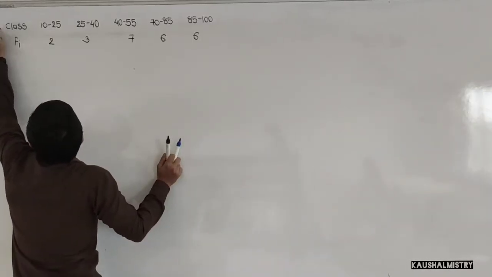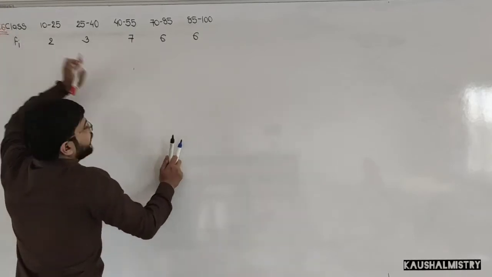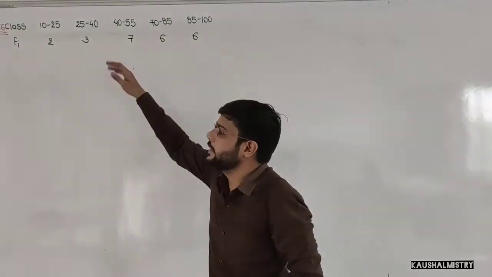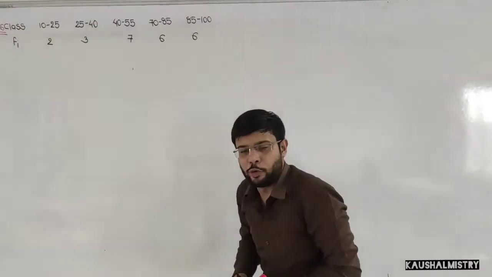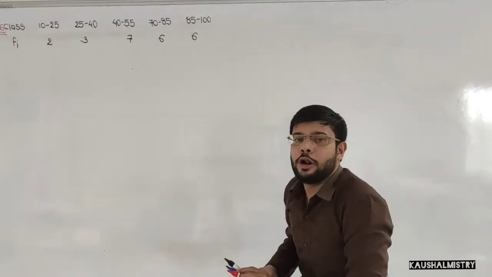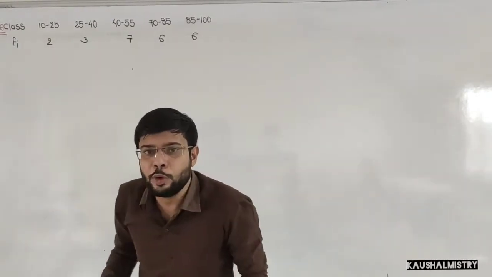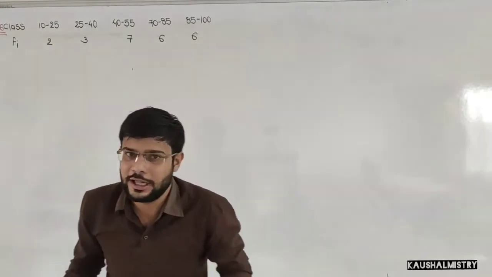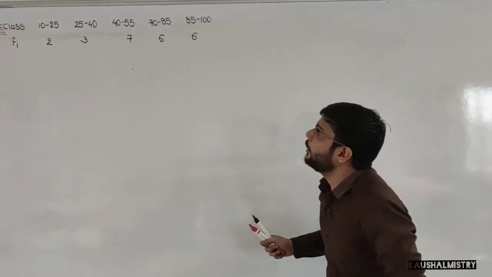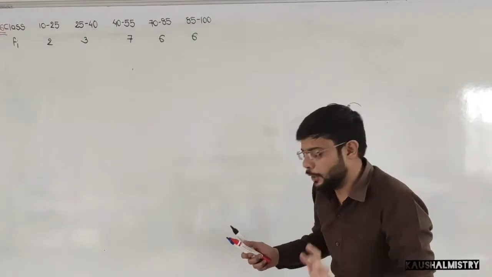Now this will be our example number 6, where class and frequency are given and we have to find the mode. I have already told you that if you want to find the mode, then you have to find the modal class, आपको मोड फाइंड करना हो तो. So first you have to find the modal class.